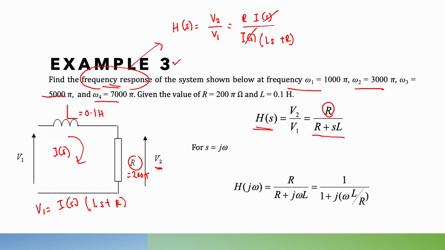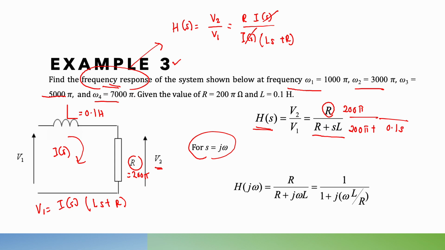We already have the value of R, which is 200 pi, and L is 0.1, so we have 1 over 0.1 s. From here, we assume the condition is in steady state as well.